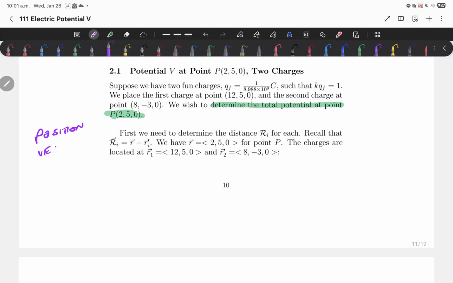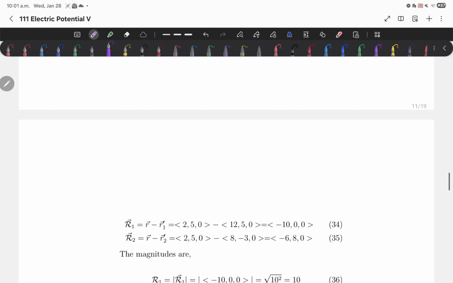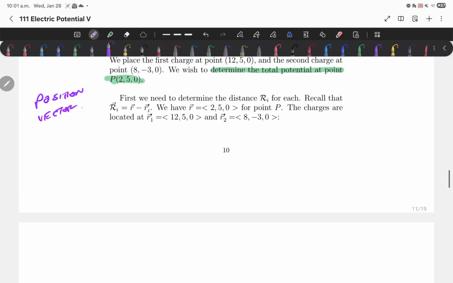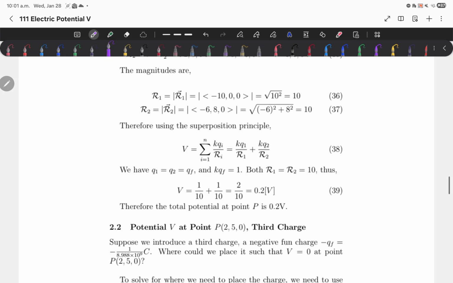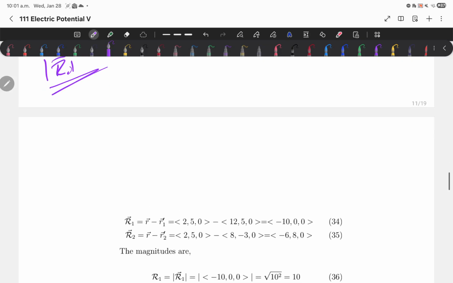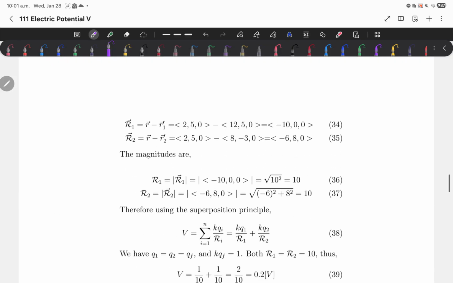So we know our R1 prime vector is 1, 2, 5, 0. We place the second one at 8, -3, 0. So just like always, that means our R2 prime vector is 8, -3, 0. And finally, we have to define point P. That's what our little r vector is. That would be the vector 2, 5, 0. So we have each of the required vectors to define our big R vectors.